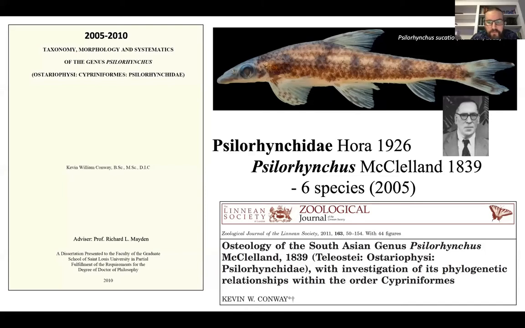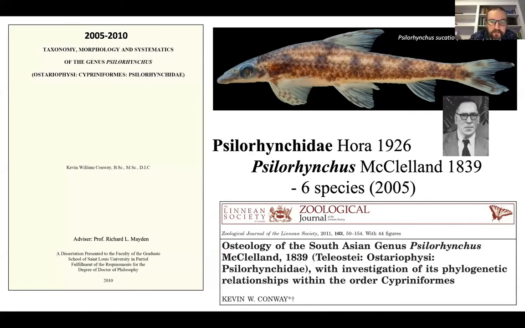So the group of cypriniforms that I was initially interested to work with belong to the family Cyrenacus. This is a relatively small group of cypriniform fishes that was recognized by Indian ichthyologist Hora in 1923.